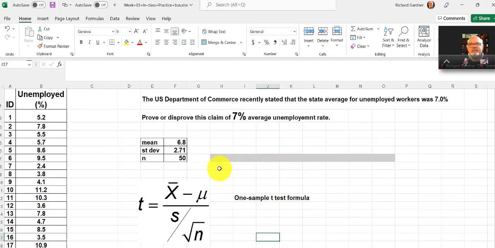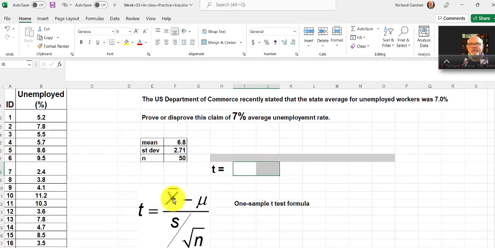So our t-test statistic is, all right, so it's going to be the mean of 6.83 minus the stated 7.00, right? So let's just put that in there.